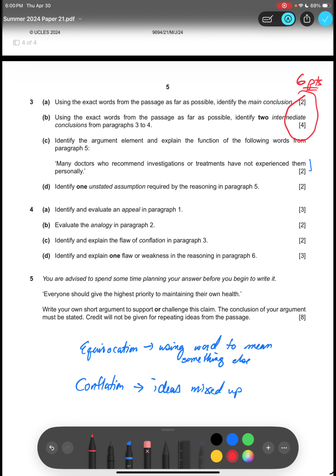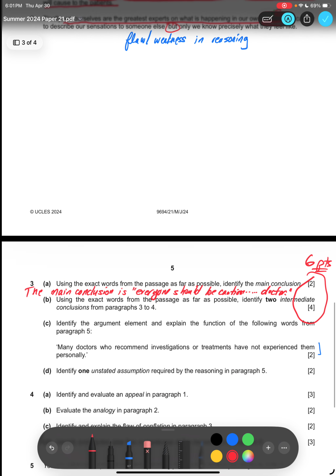You need to say, the main conclusion is everyone should be cautious about taking the advice of their doctor. You're going to provide the exact words because you have an answer booklet. But that's the answer. Okay?